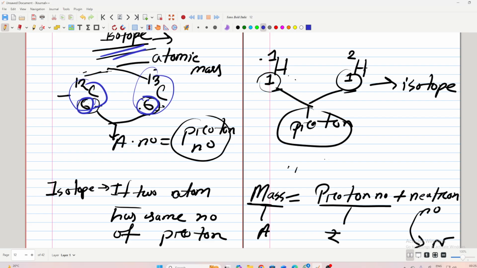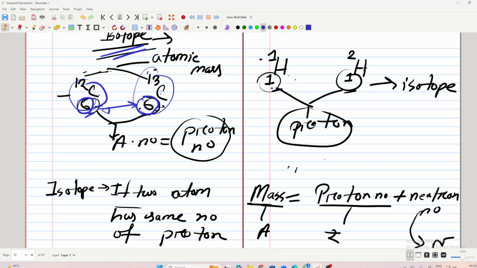If you see carefully, this carbon has a mass of 13 and this carbon a mass of 12, but this has 6 protons and this carbon has 6 protons. So these are called isotopes because these two atoms have the same number of protons but different mass.